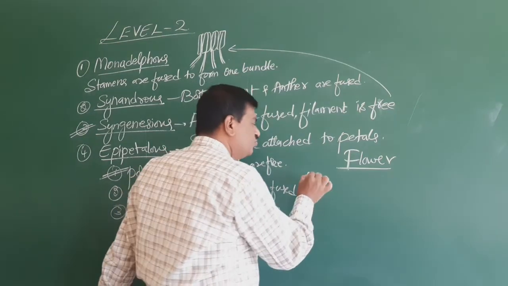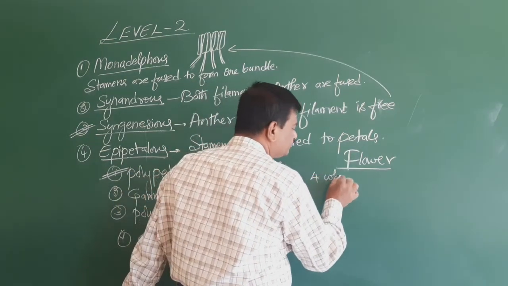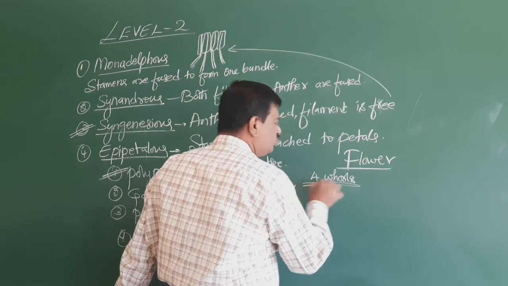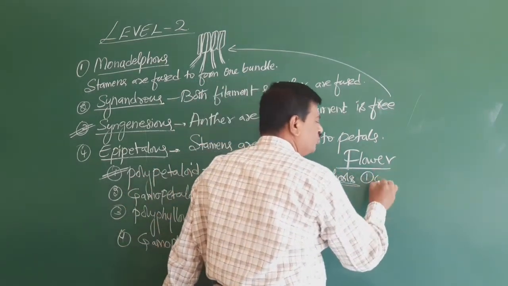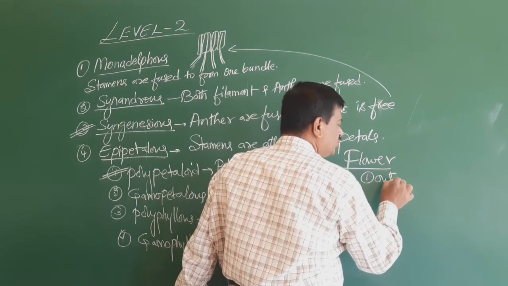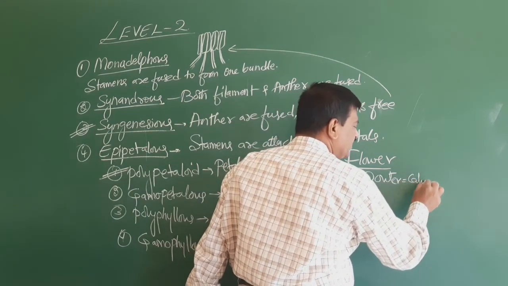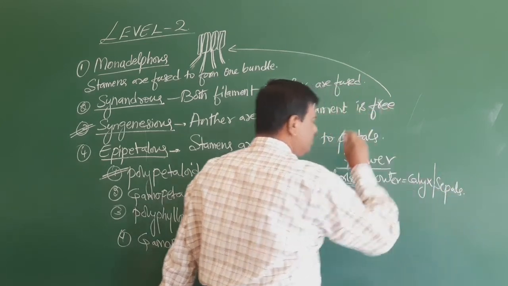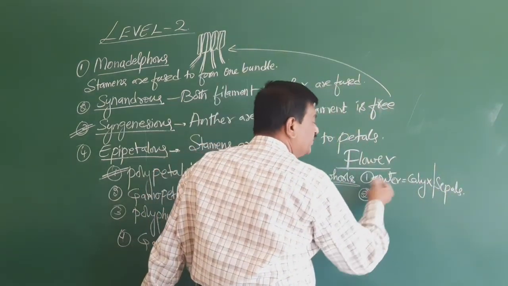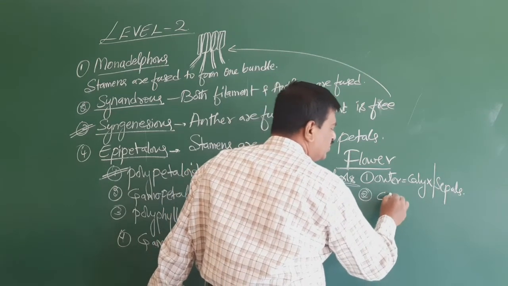It has 4 whorls. One, the outermost whorl, is always called calyx. The calyx is also called sepals. So this is the first one, and next to this is corolla.